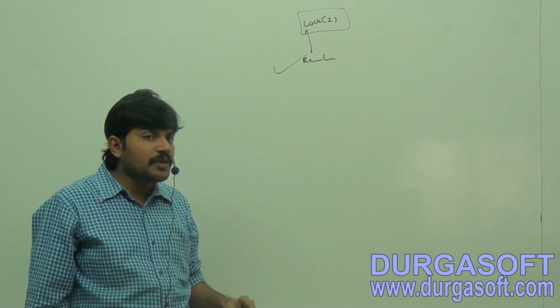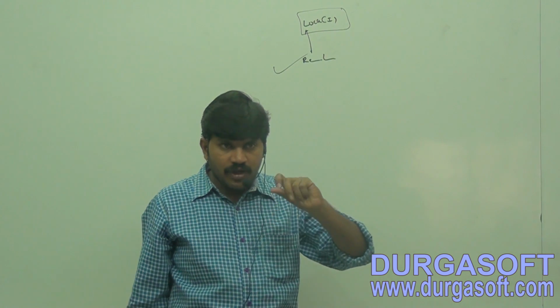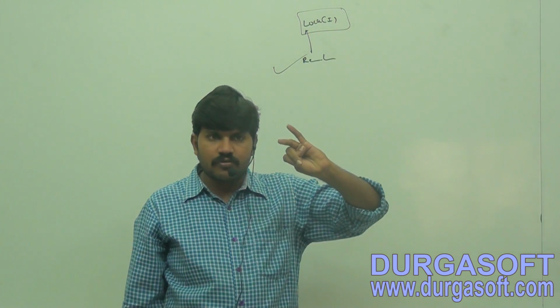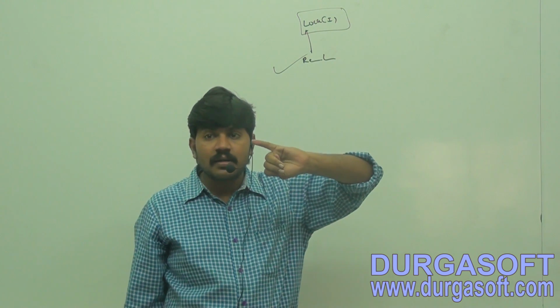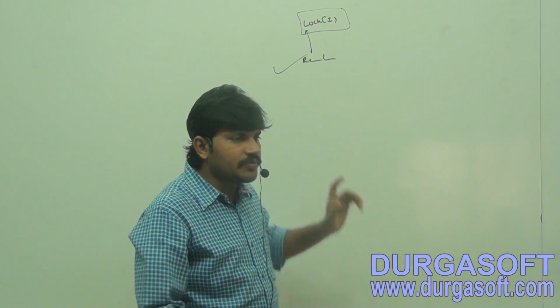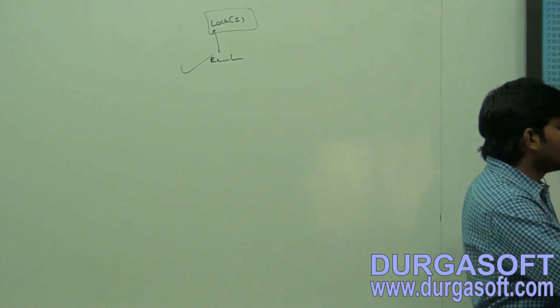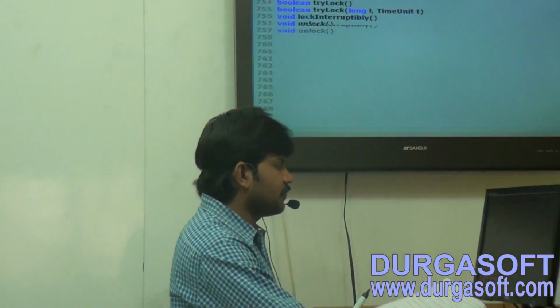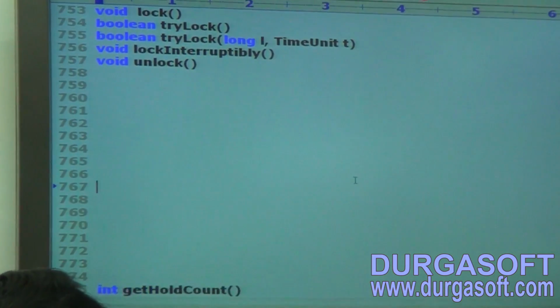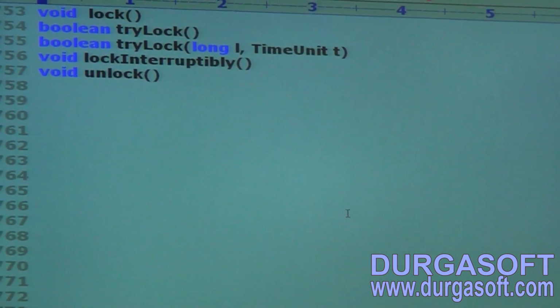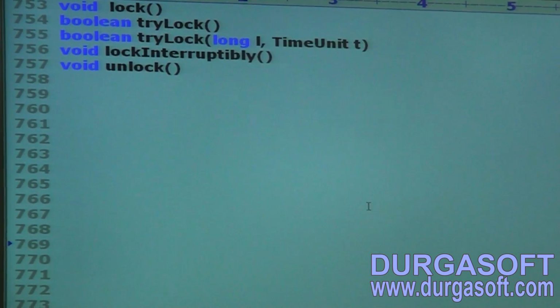How many methods are there in the Lock interface? Five methods: lock, tryLock, tryLock with time, lockInterruptibly, and unlock. Just take these five methods first. Important methods of Lock. Void lock. Next, boolean tryLock.